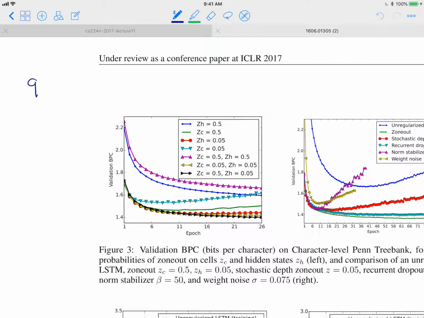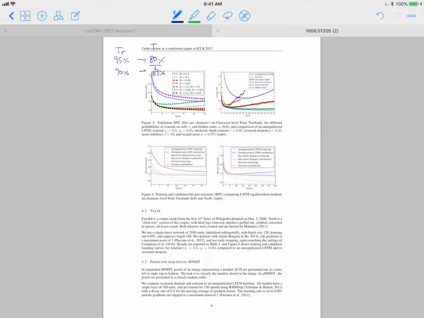Suppose we achieved 95% accuracy in the training case, and then in the test case, it only performed 80% accuracy. But when using dropouts or any other regularization techniques, the training accuracy will go down to 90, but the test value will actually increase. So in that sense, it is also a regularization technique.